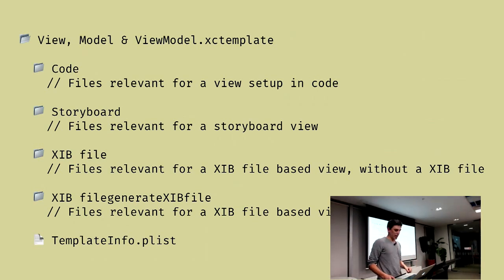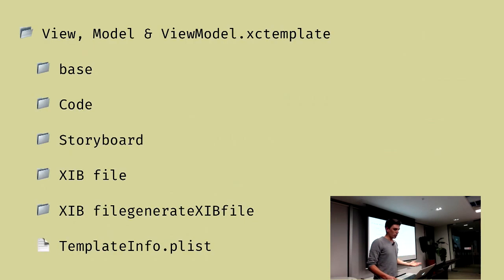It's not great, but no one's going to see that, so you can choose better names if you want. Obviously, in our case, all of this is purely for the view, so it means that the model and the view model will be the same. So it will be a lot of code duplication between those subfolders. What I've done to fix that is I've added a base folder, where I put the actual source, and then I do a hard link of the model and view model, and only the view template is different in every folder.